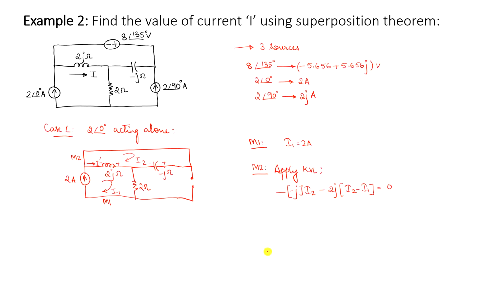Try simplifying this. Substitute the value of I1 as 2 amps and see what you get the value of I2 to be equal to.